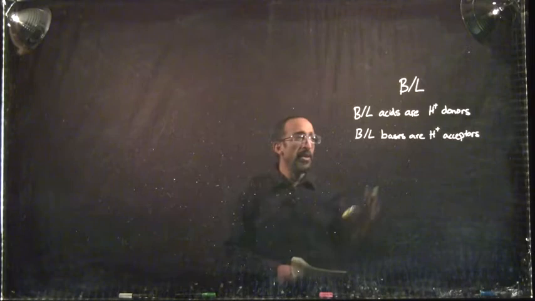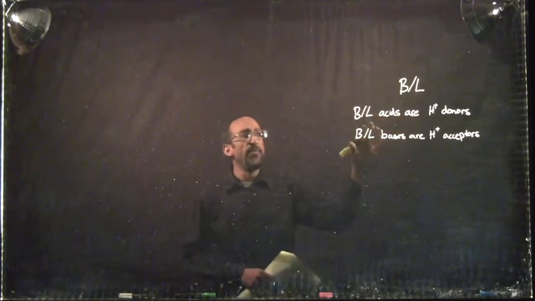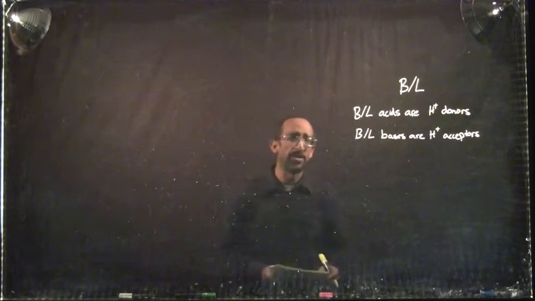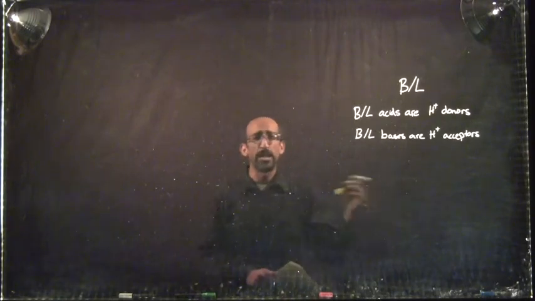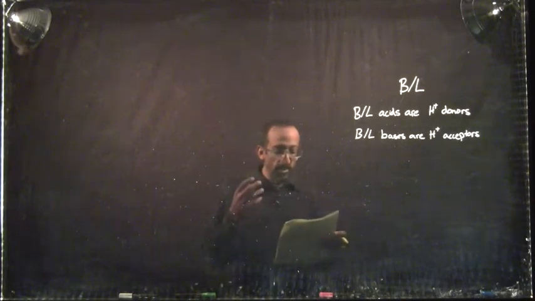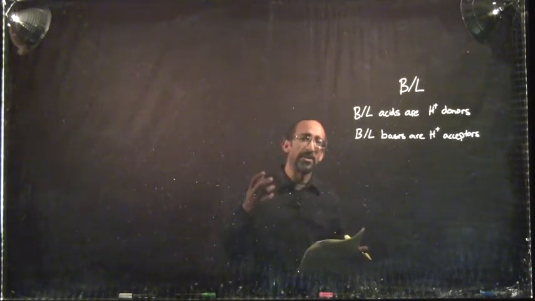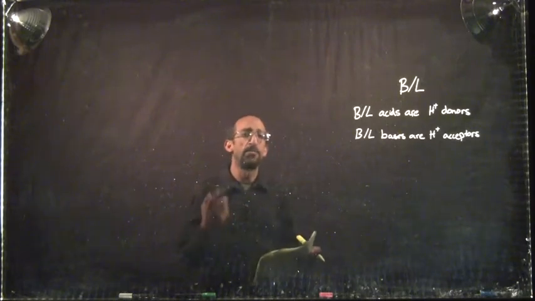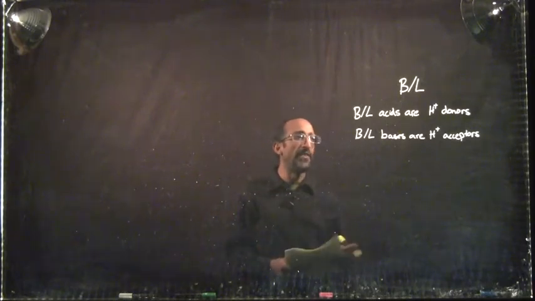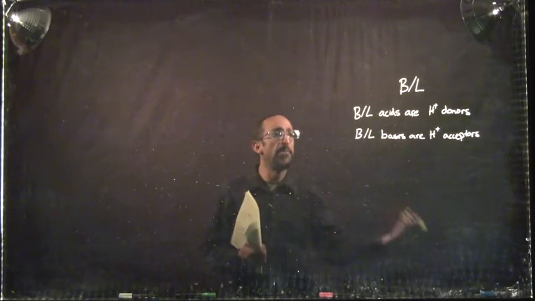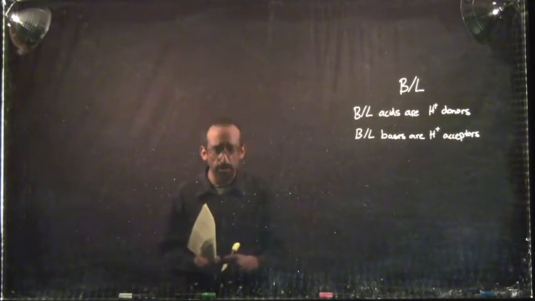Because in our Bronsted-Lowry acid-base theory, our primary concern is the ability to donate or accept a proton, the way that we're going to qualify the strength or weakness of our acids and bases is based off of this ability to either lose a proton for an acid or the ability to gain a proton for a base.